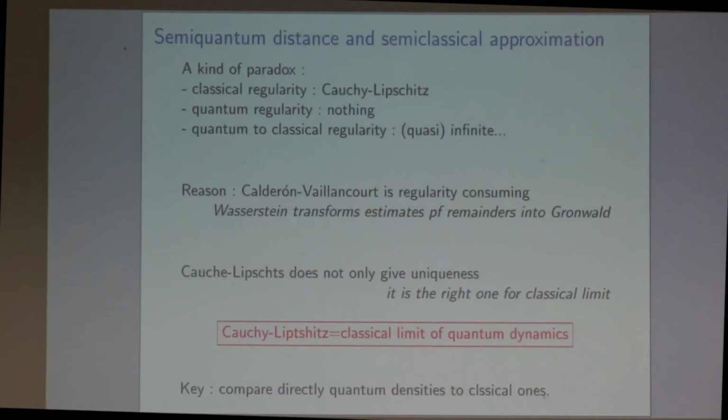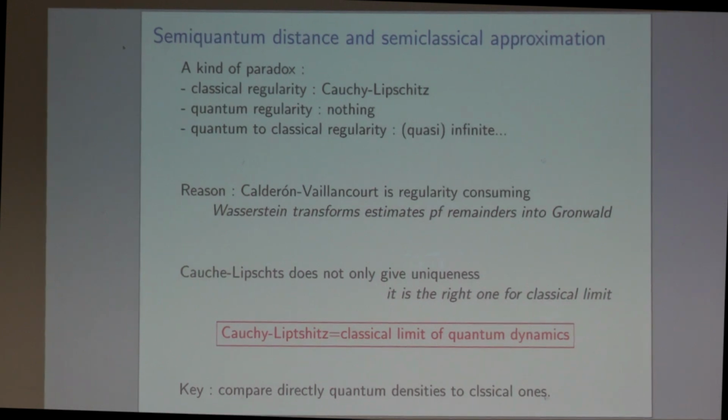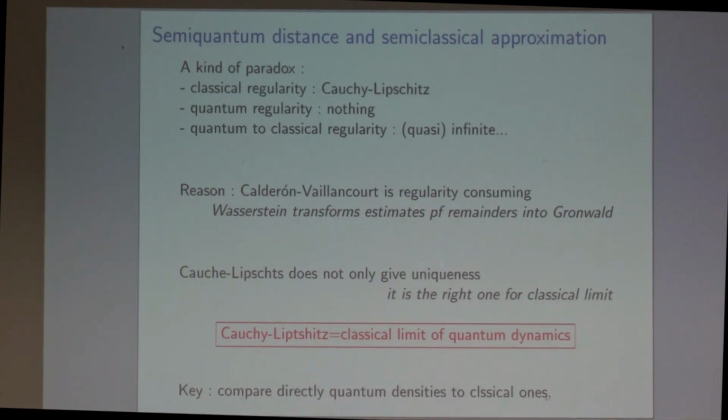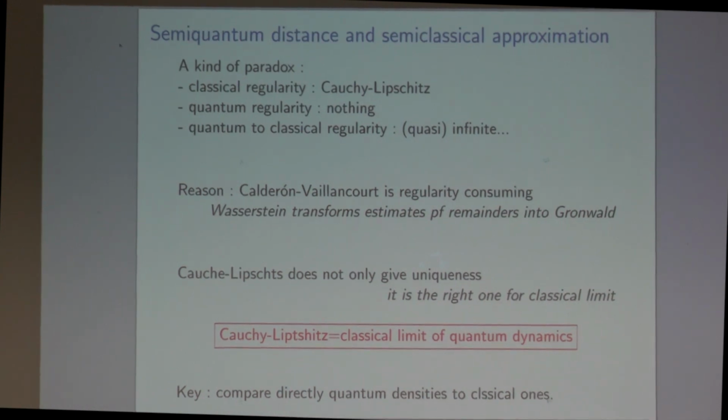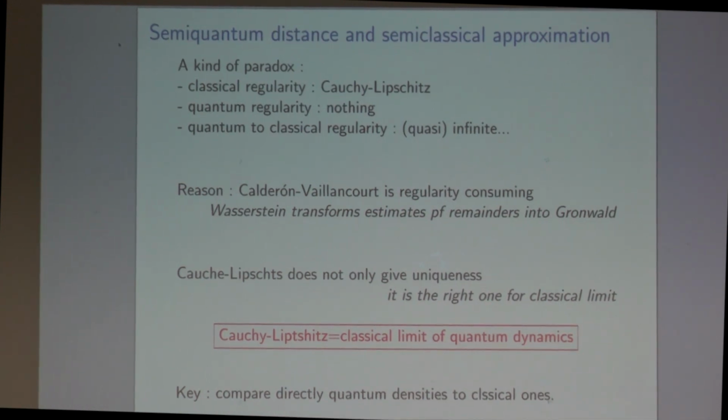Okay, so now in really 5 minutes or 10 minutes, I would like to introduce a new kind of distance, and the philosophy will be the following. You remember that in order to pass from classical Wasserstein to quantum Wasserstein, we quantized the two mu and nu into two density matrices R and S. Suppose now we play the role of quantizing only one of them.